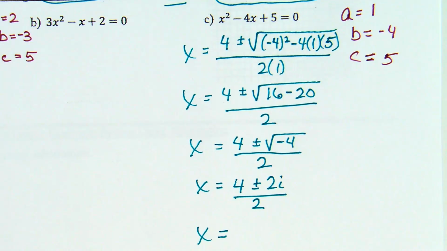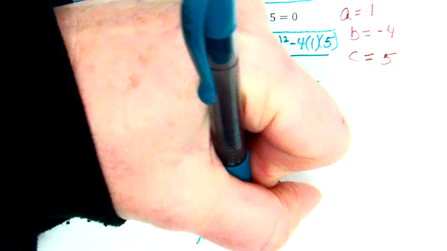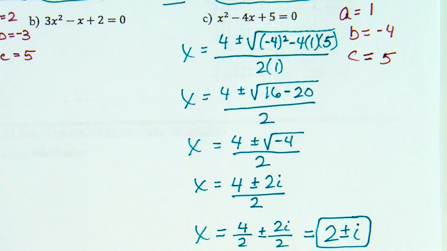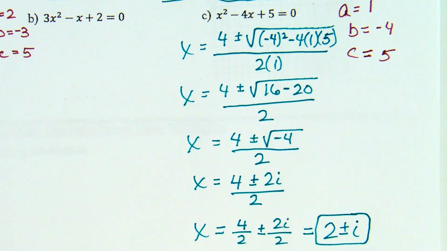Okay, and it's dividing both of them by 2, right? So I'm going to write it as 4 over 2 plus or minus 2I over 2 because we're dividing both by 2. Final answer. 4 divided by 2 is 2. 2I divided by 2 is I. So 2 plus or minus I.